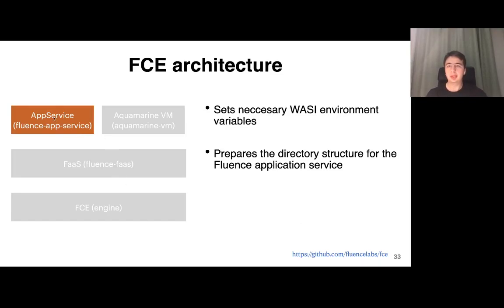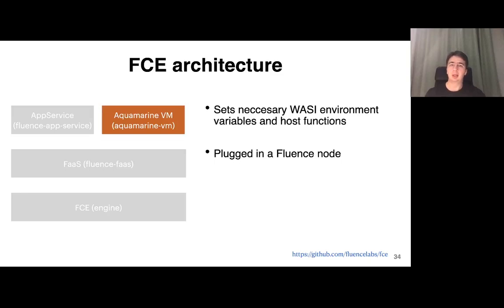And on the last layer, we have service runtimes. The first one is app service. It sets several WASI environment variables and prepares the directory structure for a Fluence service. And Aquamarine VM: I didn't say that Aquamarine is also compiled to WebAssembly.